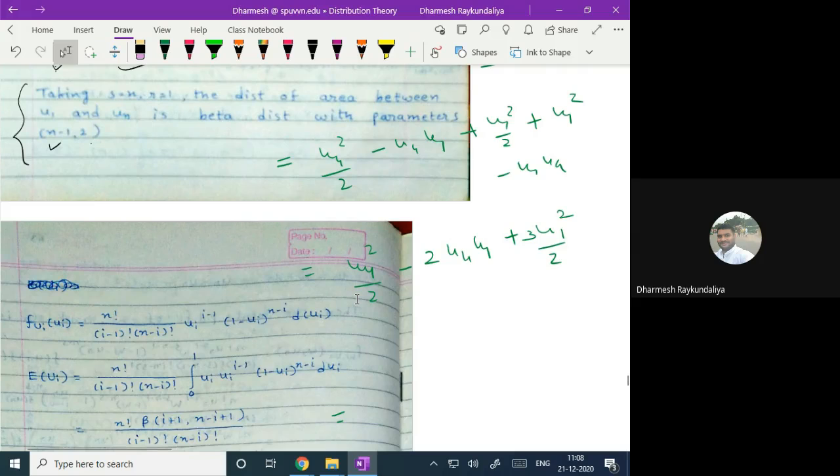I want to know what is the distribution of the UI.